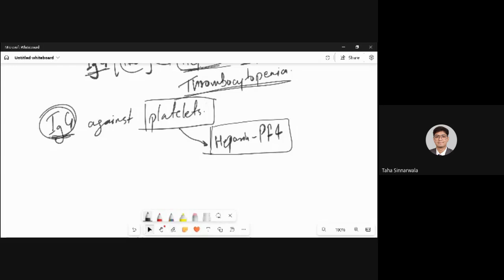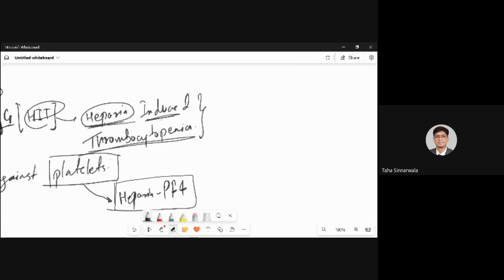Now, what do you think would be the symptoms of heparin-induced thrombocytopenia? Let's say we develop thrombocytopenia, which is low platelets. Superficial bleeding, such as purpura, petechiae.